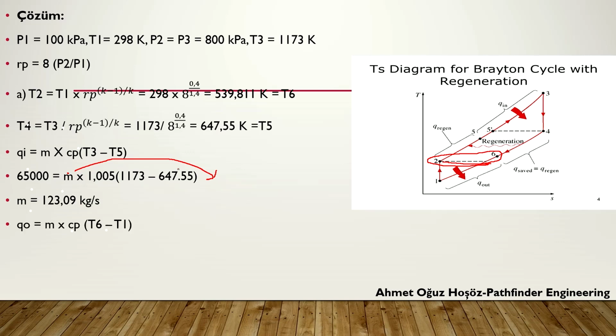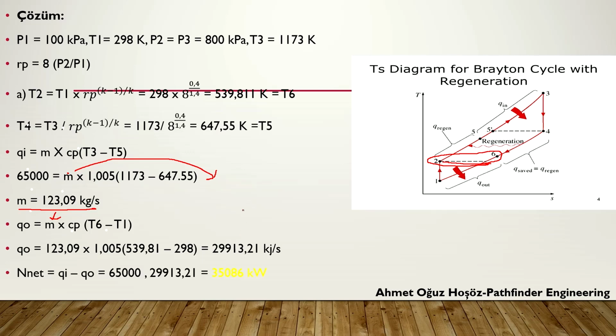Then we can determine Qout according to our m value, and Qout is 29,913.21 kilojoule per second. The net power is the difference between Qin and Qout, and it is equal to 35,086 kilowatts.